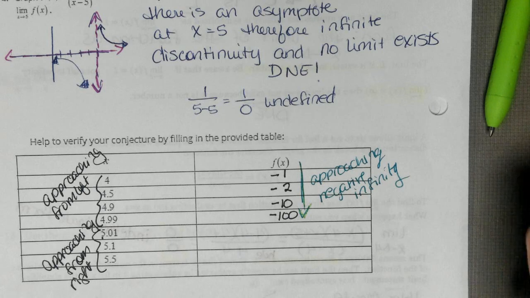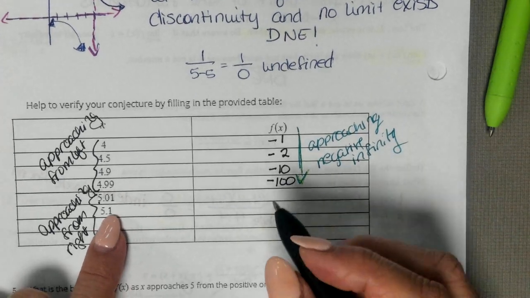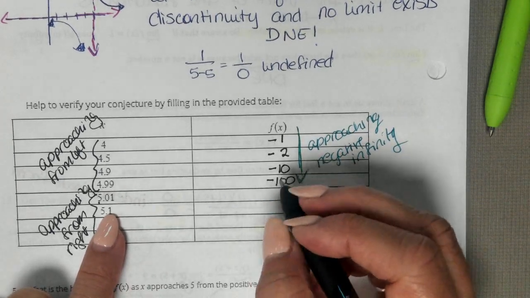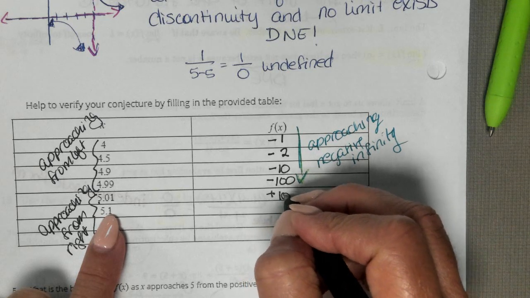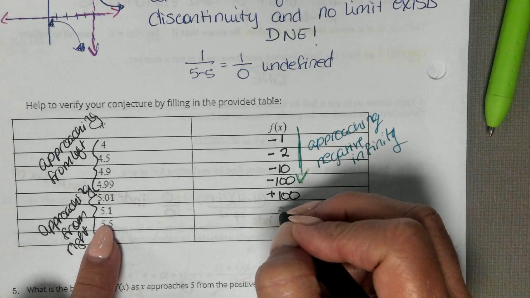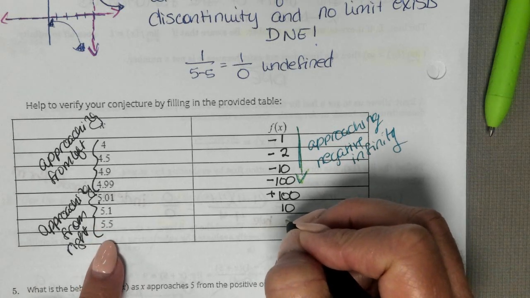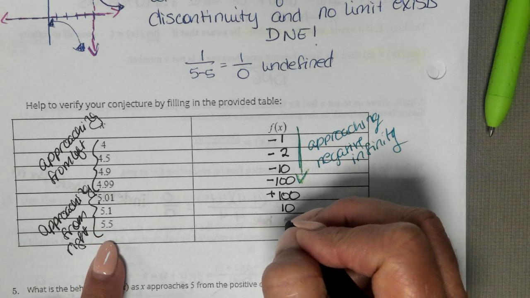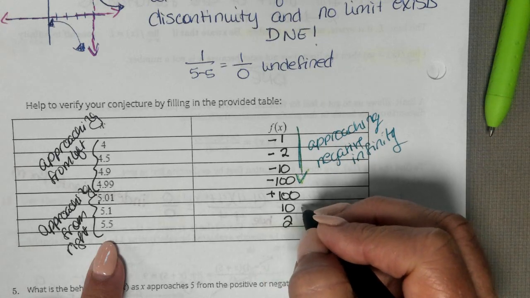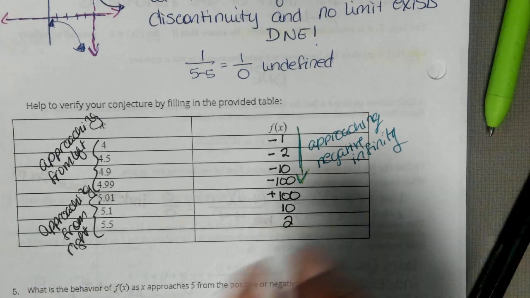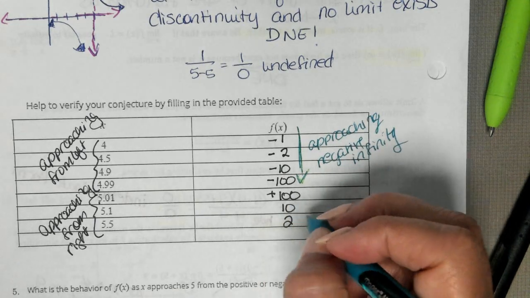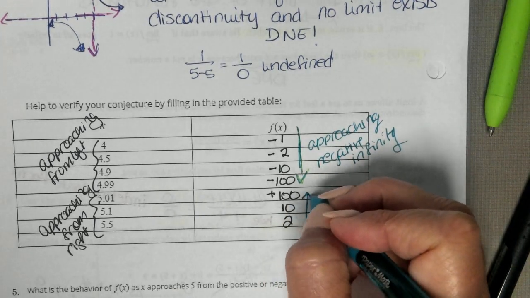All right, now, if we plug in these numbers on the right, 5.01, we have a positive 100. 5.1 is a 10. And then 5.5 is positive 2. I want you to see as we are approaching from the right that we are getting infinitely bigger.